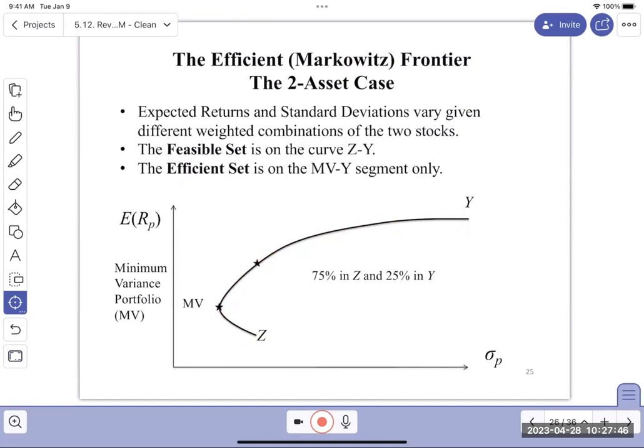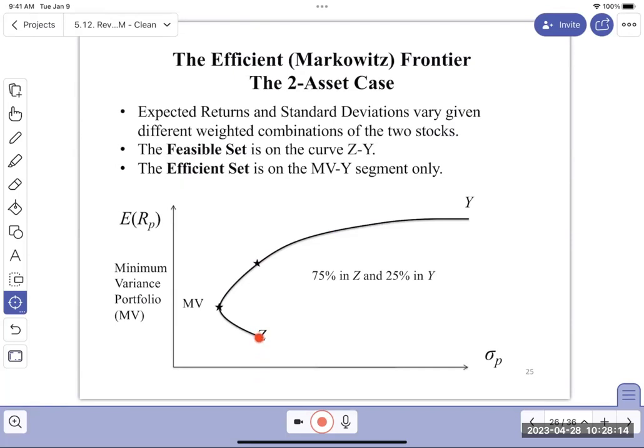So what's the difference? What is the deal with these here? Well, these assets in here both have low risk. They're with the low risk asset.